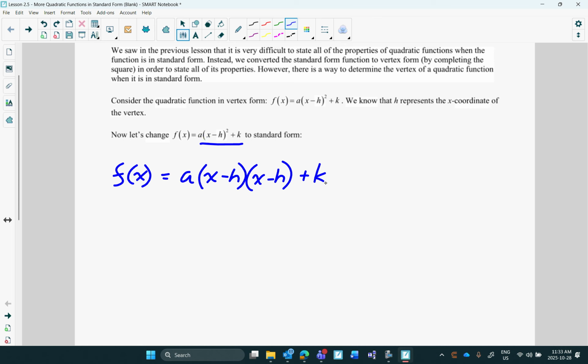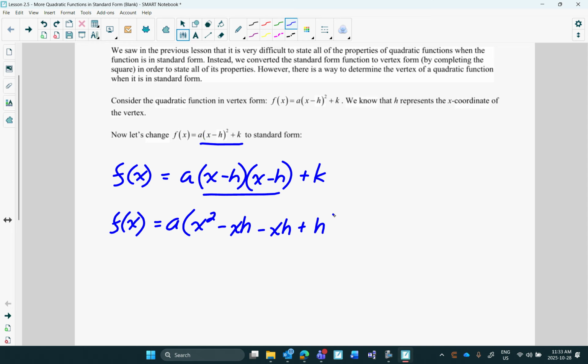What's the next thing I'm going to do? I'm going to multiply these two together. So I'm going to get a times, well, 4 multiplications, x times x, x squared, x times minus h, negative xh, minus h times x, minus xh again, and minus h times minus h, plus h squared, yes.